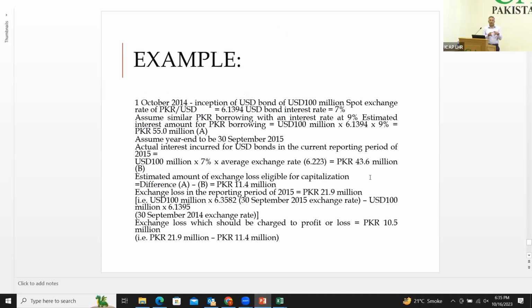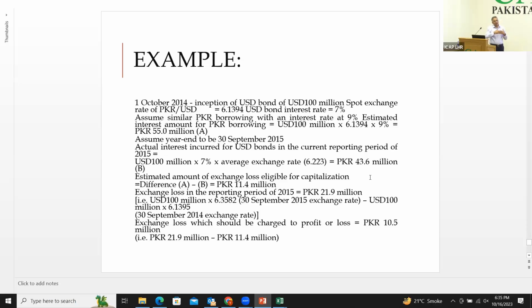So what you will do is assume that although I have borrowed funds in foreign currency, if I had borrowed in my functional currency, what should have been my borrowing cost? Got the point? I need, let's say, 100 million PKR.